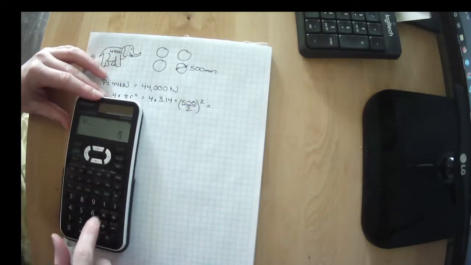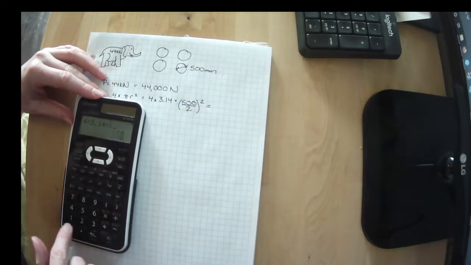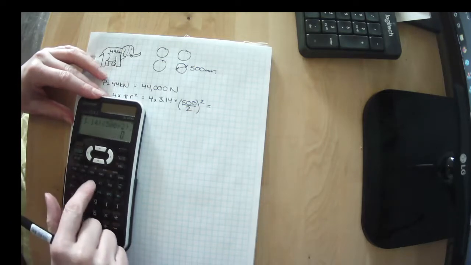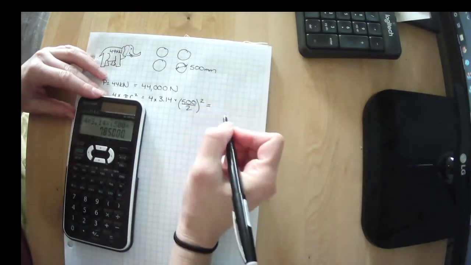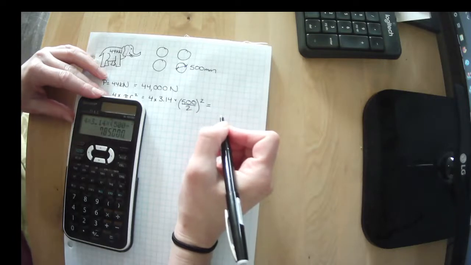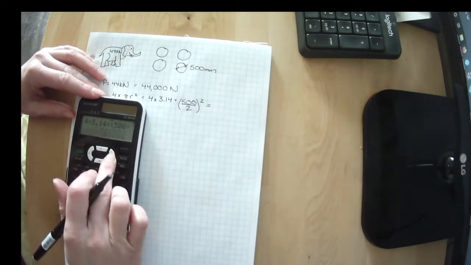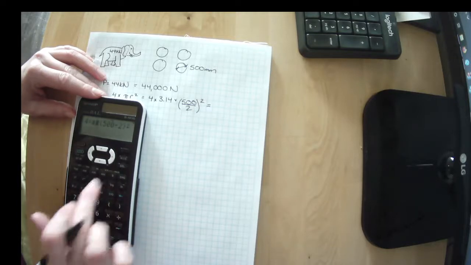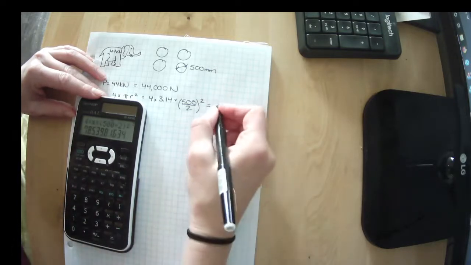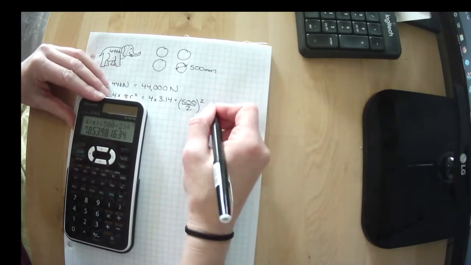All right, 4 times 3.14 times 500 divided by 2 squared. Oh, it looks like in the past I've actually plugged in pi in the calculation I did here. Let's see what happens if I actually make this pi. Yeah. So you can do either. I'd try to build in that rounding error, no problem.